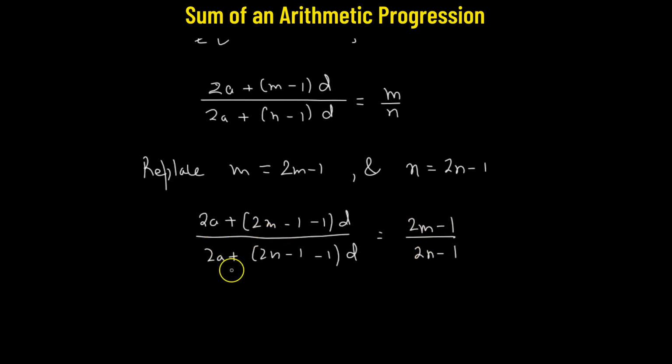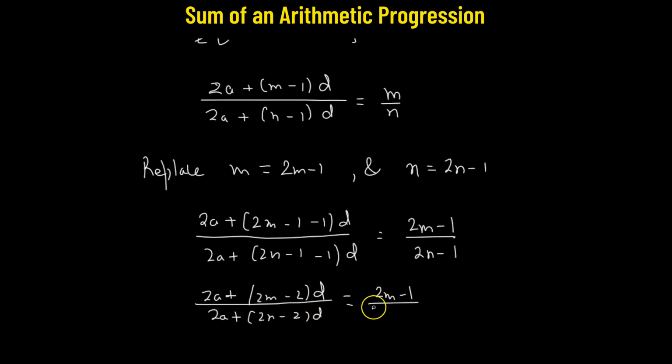So here we'll have 2a plus 2m minus 2 multiplied by d divided by 2a plus 2n minus 2 multiplied by d, equal to 2m minus 1 divided by 2n minus 1. If we factor out 2 from the two terms in the numerator, as well as from the two terms within the denominator, the 2s get cancelled out, and this gives us the final result: a plus m minus 1 times d divided by a plus n minus 1 times d equals 2m minus 1 divided by 2n minus 1.